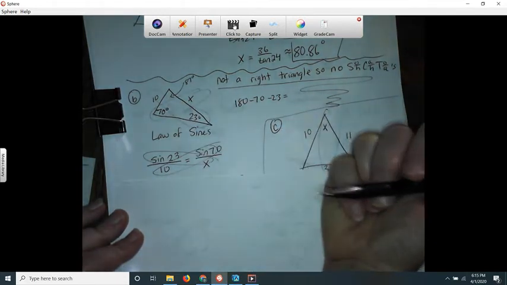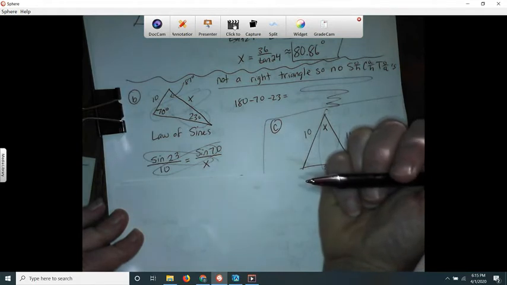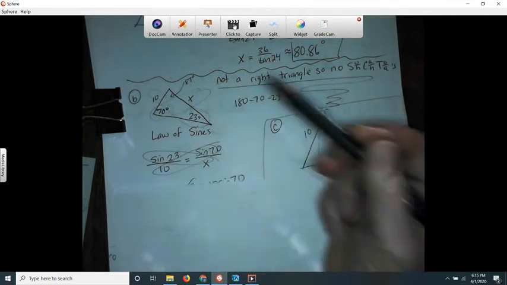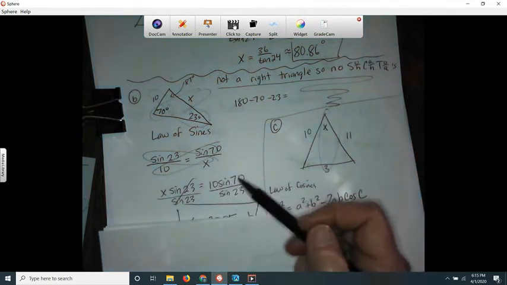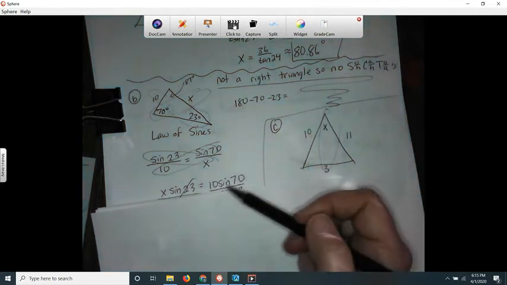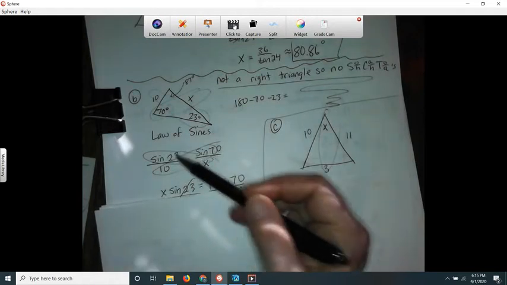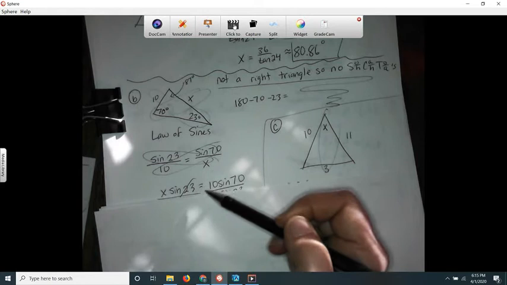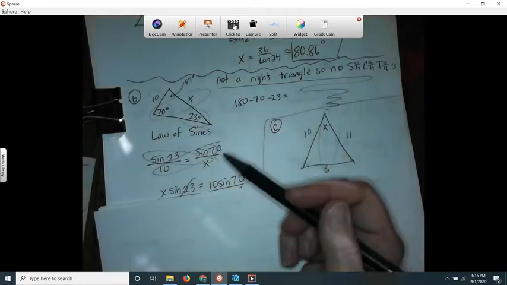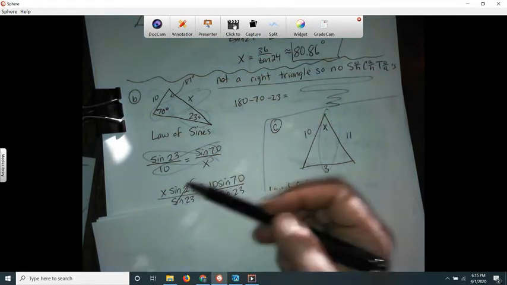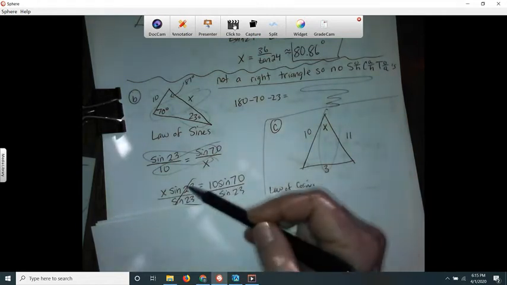And then I can just cross multiply. So 10 times sine of 70 is x times sine of 23. And then I'm going to solve it for x. So I want to divide both sides by sine of 23, and that'll cancel out.